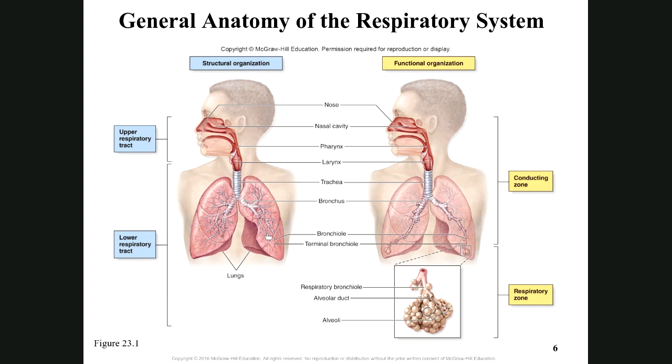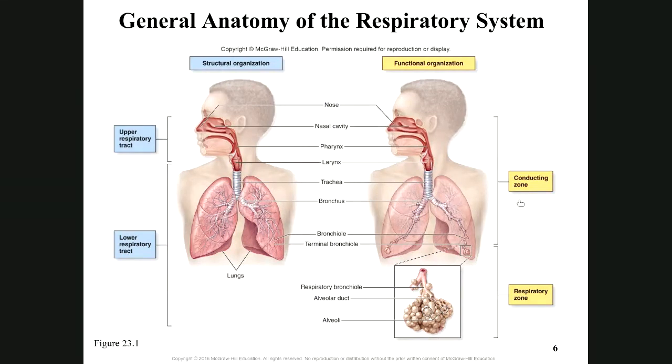But we have the other subdivision for our respiratory system. This subdivision is called the functional division or functional organization. In this functional organization, we have two different zones. One zone is called the conducting zone, and this zone can only conduct the air.